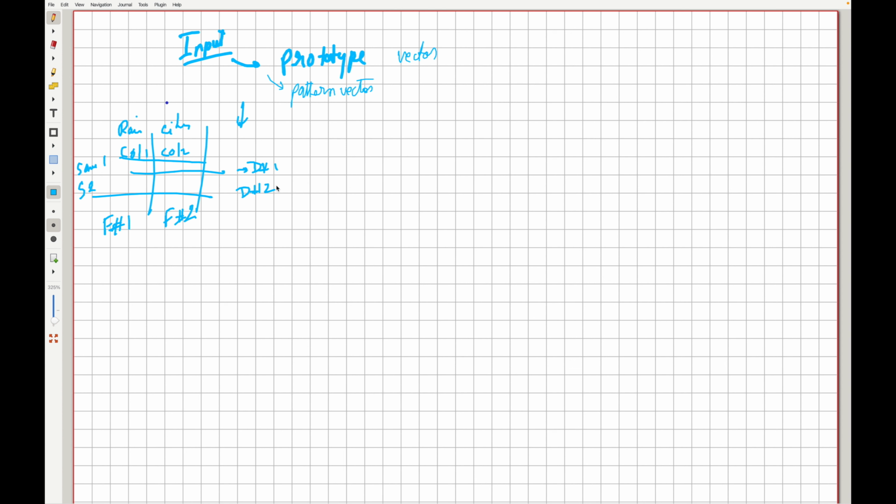But when we are thinking about Hebb's theory, or prototype vectors or pattern vectors, this is not what we are going to think. Instead, what we are going to think about is a vector that looks pretty simple, which just tells us the positions of on or off.